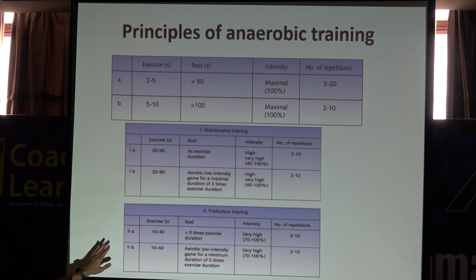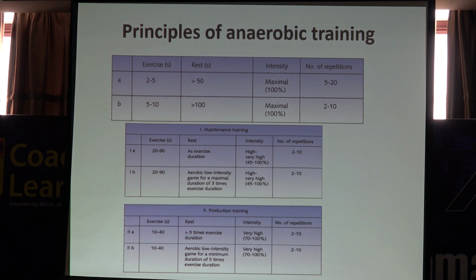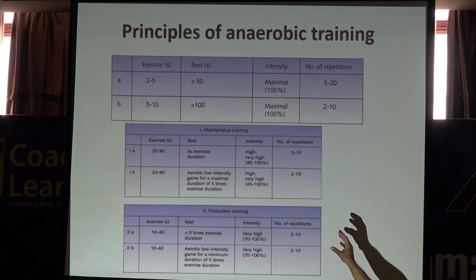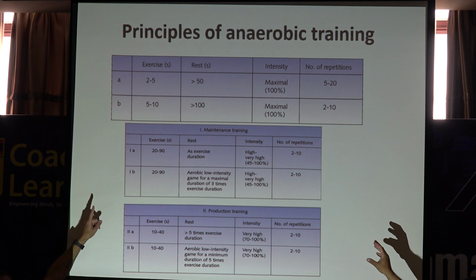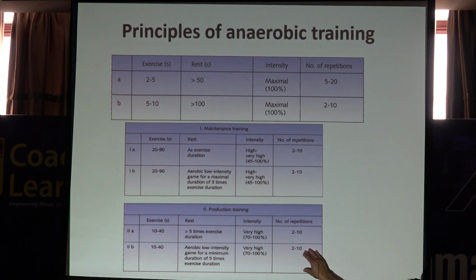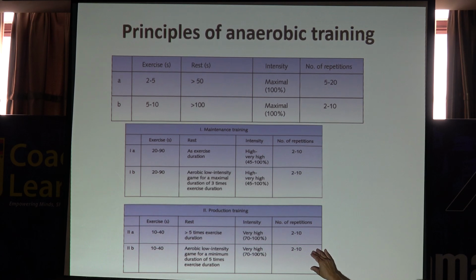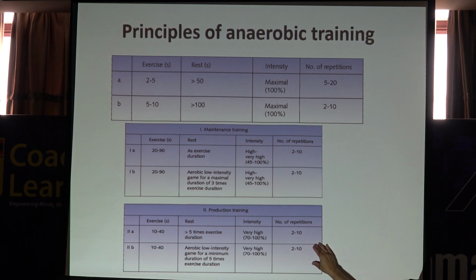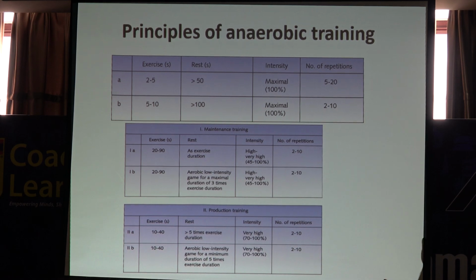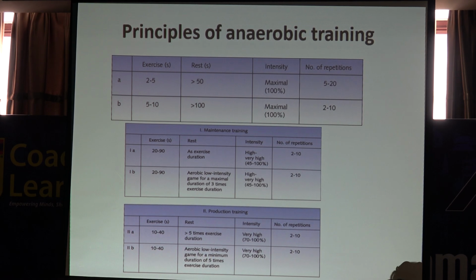And as I said earlier, when we do maintenance training, we can use small-sided games. When we do production training, we have to do the types of drills that I showed you today, those with 4 players. Because we want the intensity to go high, be there for maybe 30 seconds, and then rest.